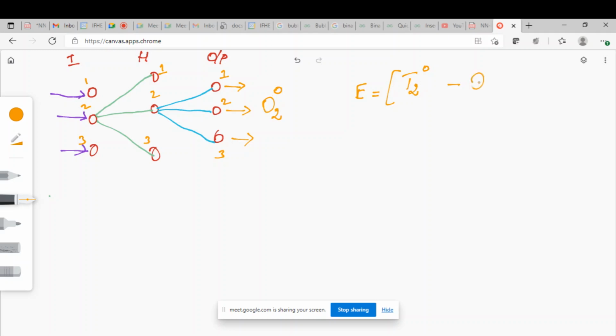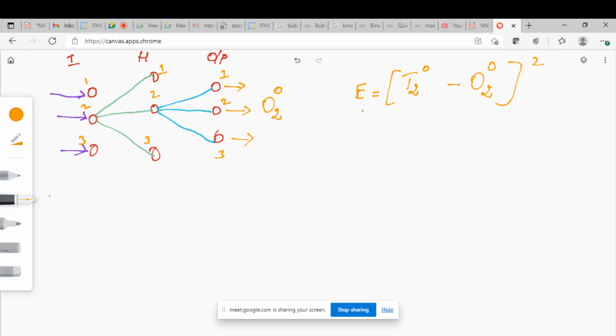What is the observed output? O2O, which is the observed output of the second neuron of the output layer. So error is nothing but the target output minus observed output, the whole square. This is the error.